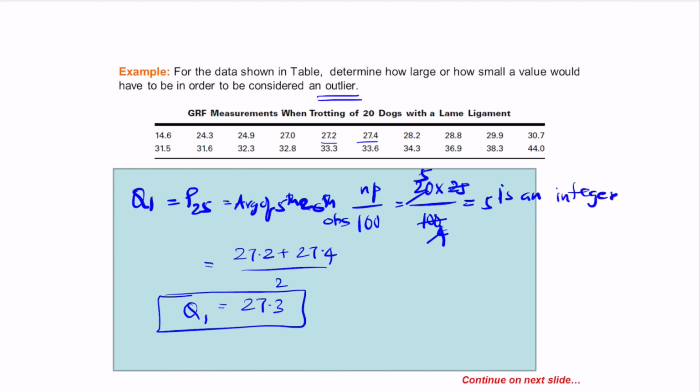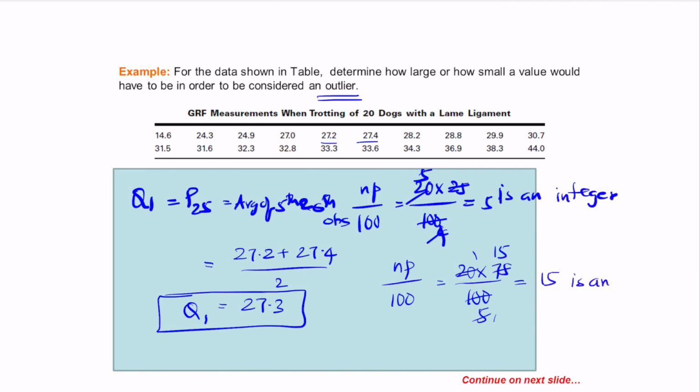Next we want to find Q3. To find Q3, again use nP/100. That becomes 20 times 75 divided by 100, which is 15.